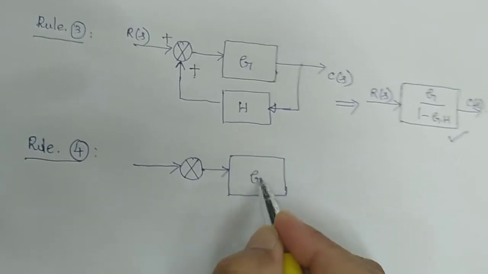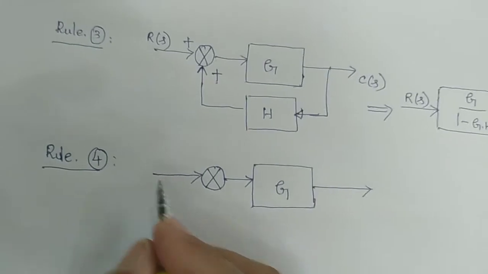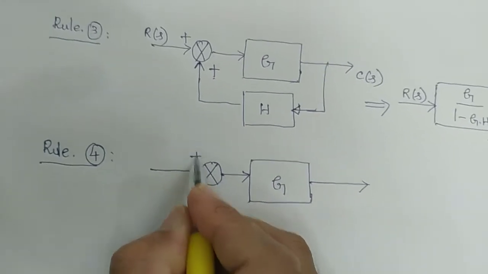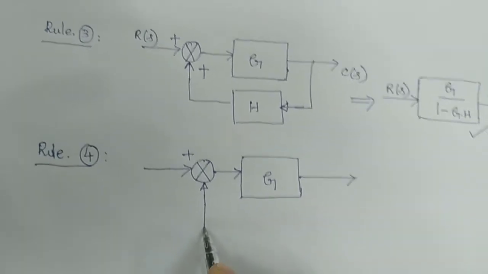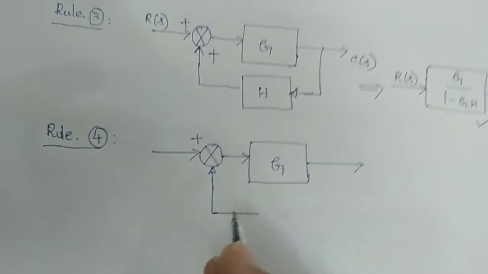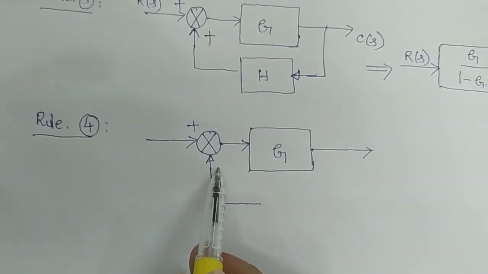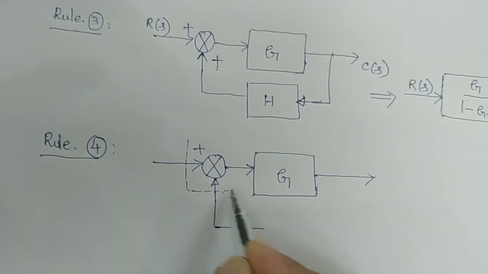This is the gain. Sometimes this is plus. Sometimes there is a possibility of having a summer point, which is called a summing point.